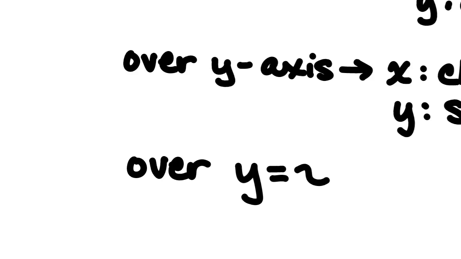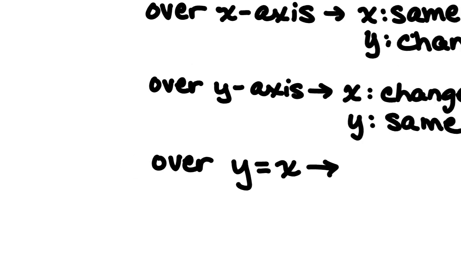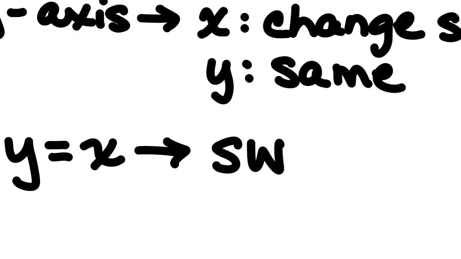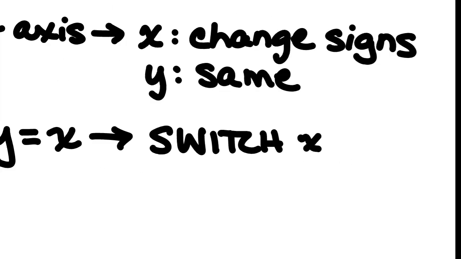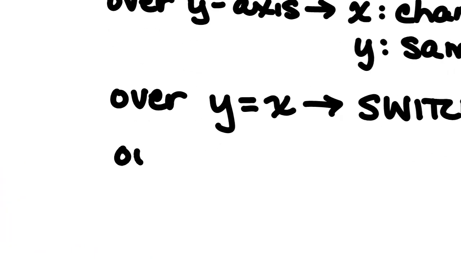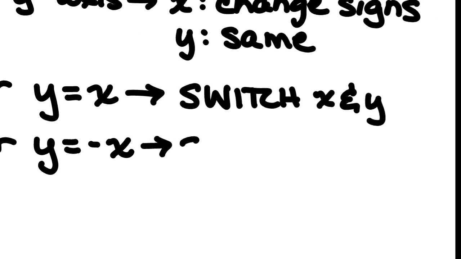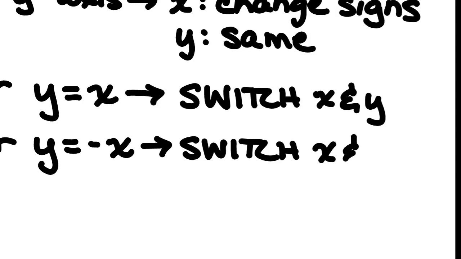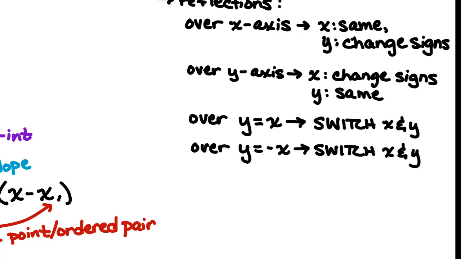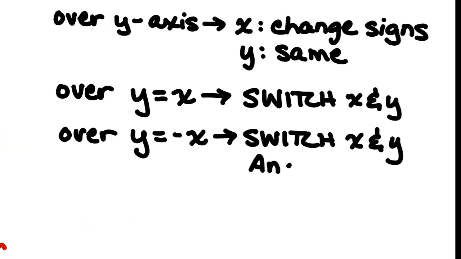If it's over the line y equals x, you're going to switch your x and y. If it's over the line y equals negative x, you're going to switch your x and y and change both signs.